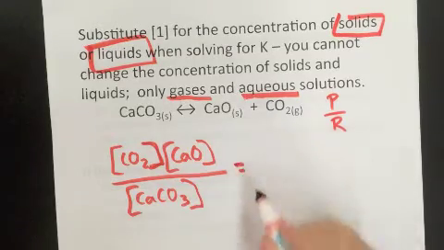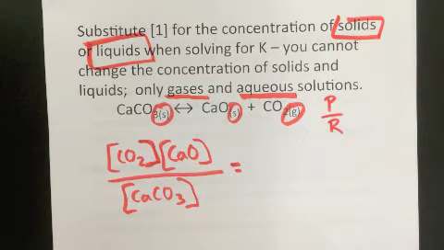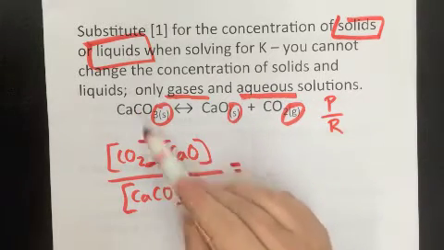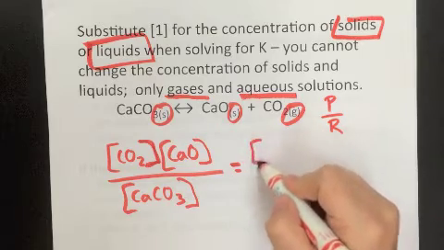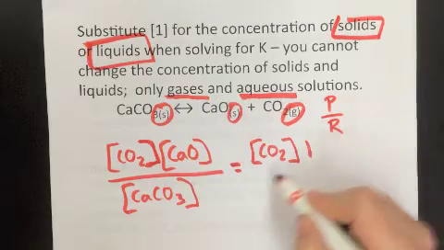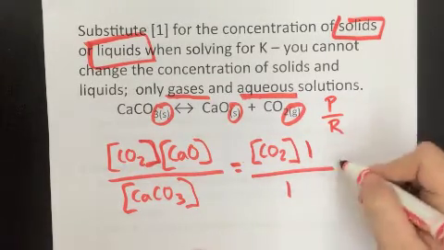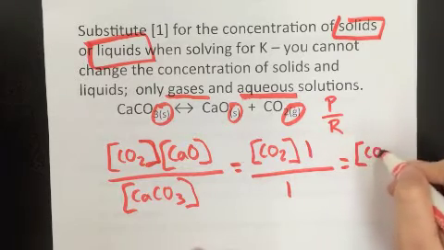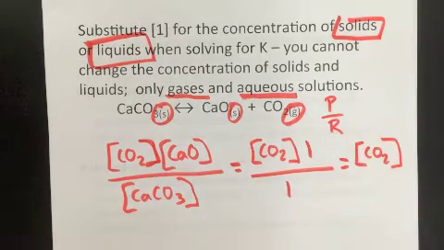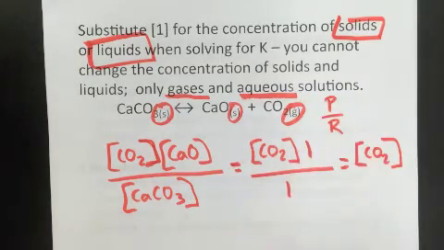But, as you can tell, remember these right here tell you the state of it. So CaO is a solid and CaCO3 is a solid. So what happens is CO2 stays there, but CaO becomes a 1 and CaCO3 becomes a 1. So since they're 1s, your actual final answer is simply CO2. Okay? So the only thing that should be in your equilibrium constant equation is if it's gas or aqueous.